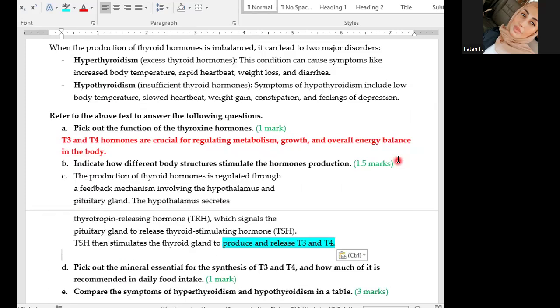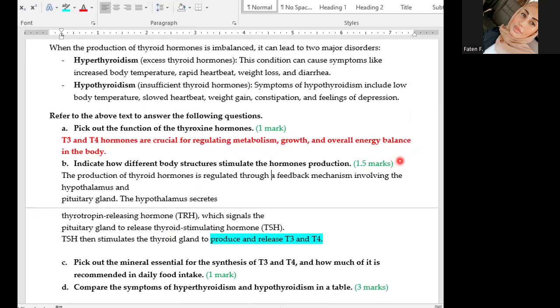Also, we picked out the mechanism from the text. So the production of these hormones is regulated through a feedback mechanism. What about this feedback mechanism?